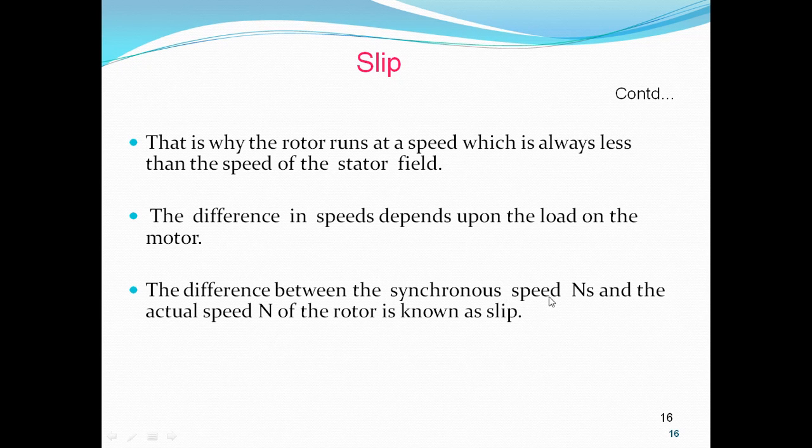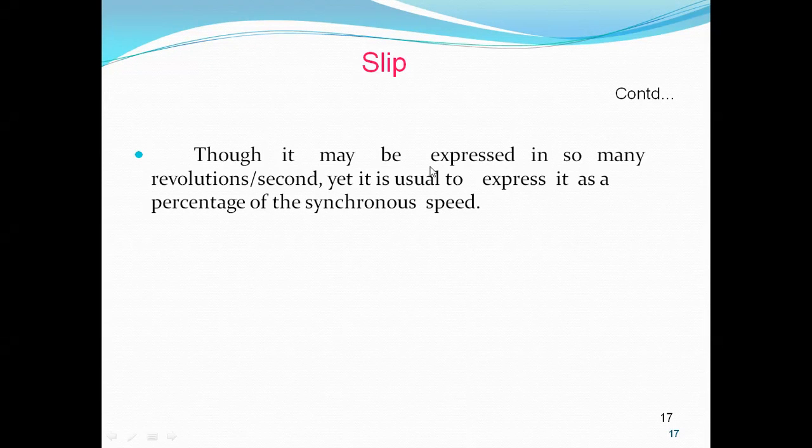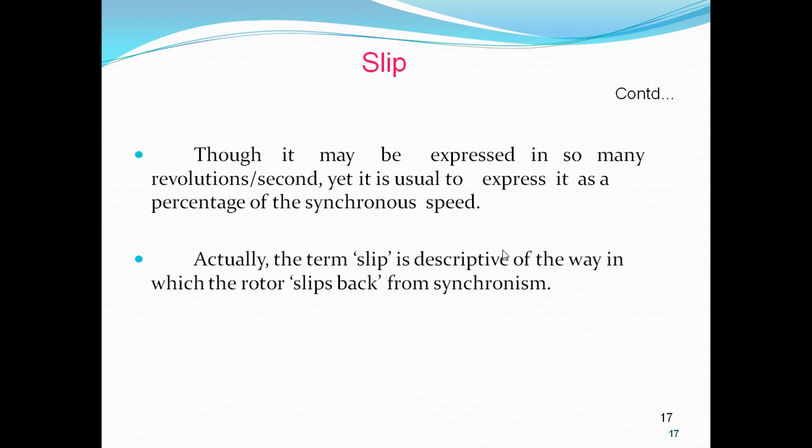The difference between the synchronous speed Ns and the actual speed of the motor N is known as slip. It is expressed in revolutions per second, and it is expressed as a percentage of the synchronous speed. So actually the term slip is descriptive of the way in which the rotor slips back from synchronism.